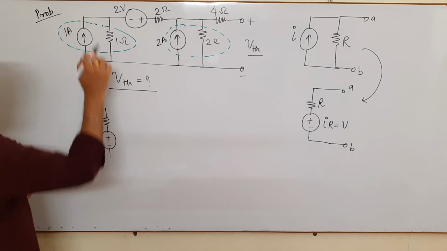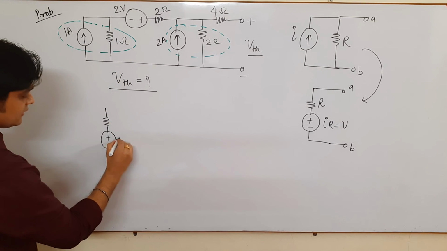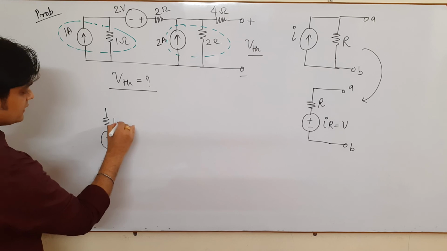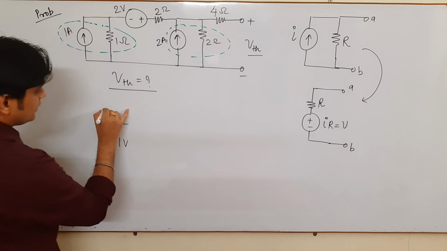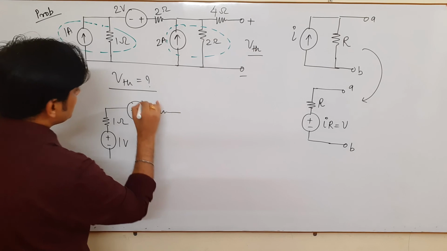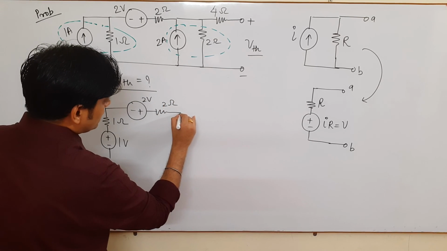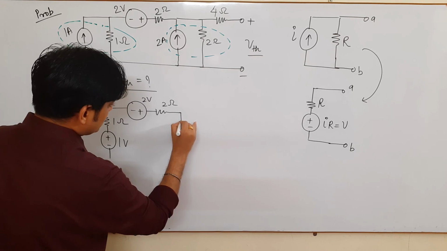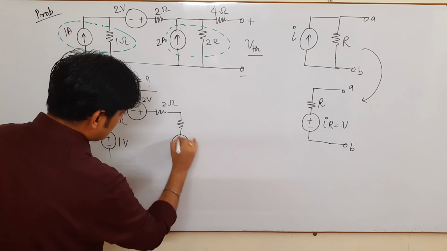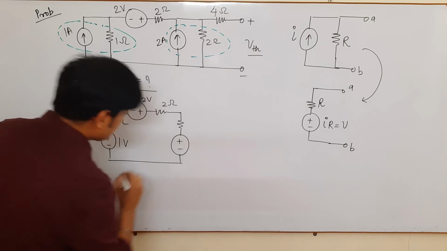The same technique I am applying here. If it is a 1 ampere current source and a 1 ohm resistance, the product comes to be 1 volt, and this remains 1 ohm. Further, here is another source connected, that is 2 ampere with 2 ohm. Here also I make the transformation.